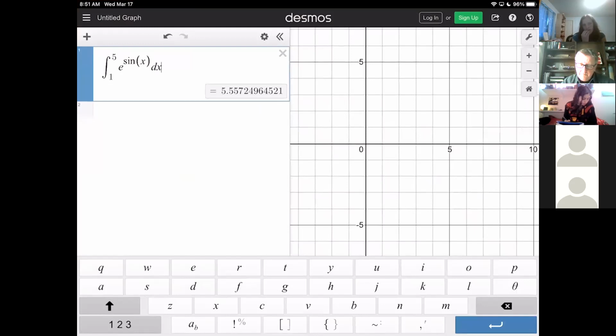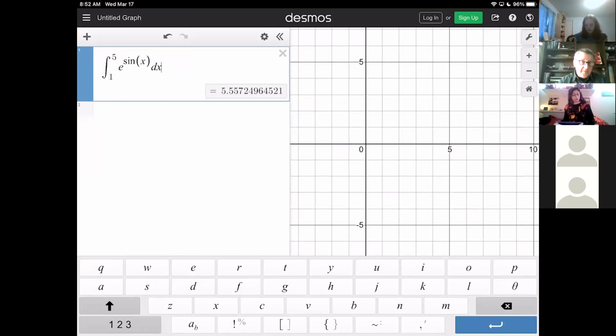Yep, I got it wrong. So it should be 5.55. So my instinct was right. Fortunately, my answer was so wrong that it didn't look right on the graph. So I now know the right answer, which is why computers are so cool.